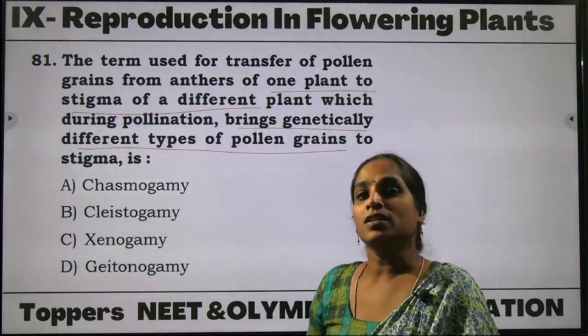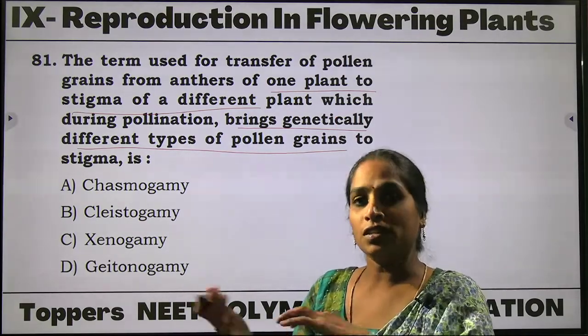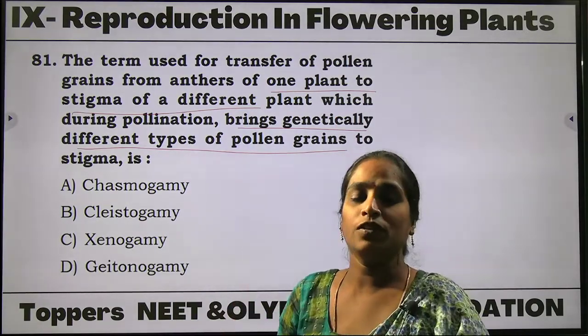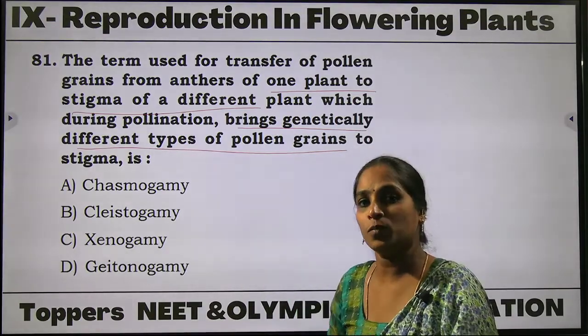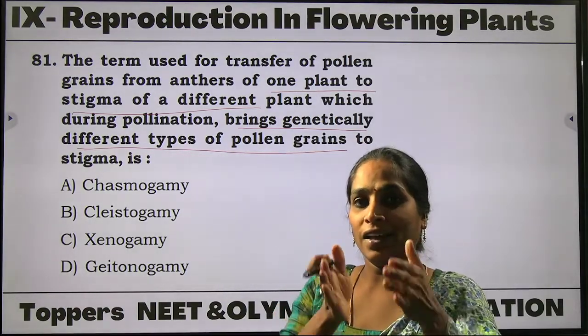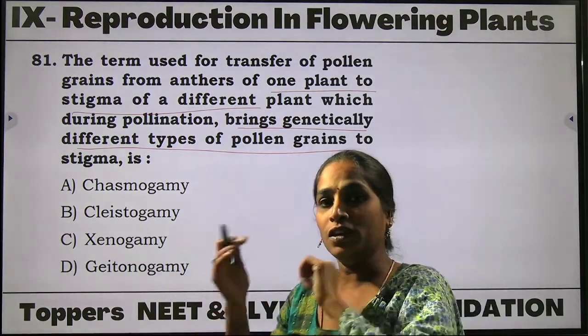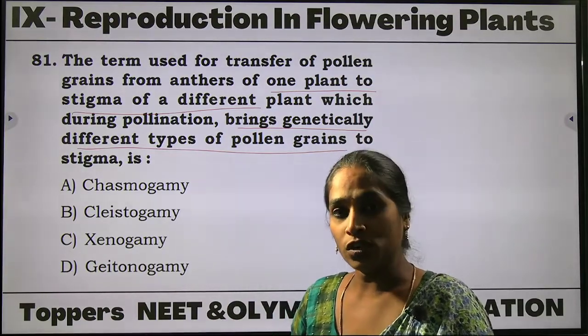One is self-pollination, within the same flower, or within the same plant different flowers. That is called self-pollination. And what is cross-pollination? The transfer of pollen grains from the anther to the stigma of another plant or another flower is called cross-pollination.